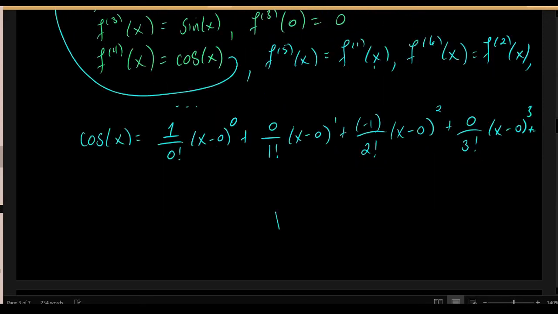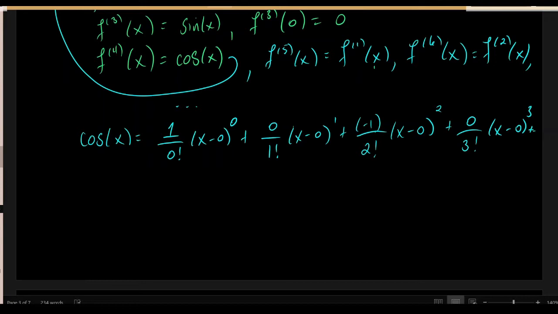After that, the derivatives are just going to keep repeating in value. So it's going to loop back and become 1, 0, minus 1, 0. 1, 0, minus 1, 0. That pattern of derivatives is going to continue on toward infinity.